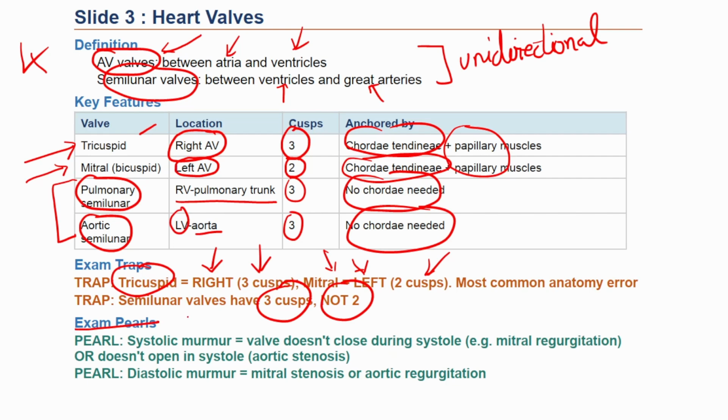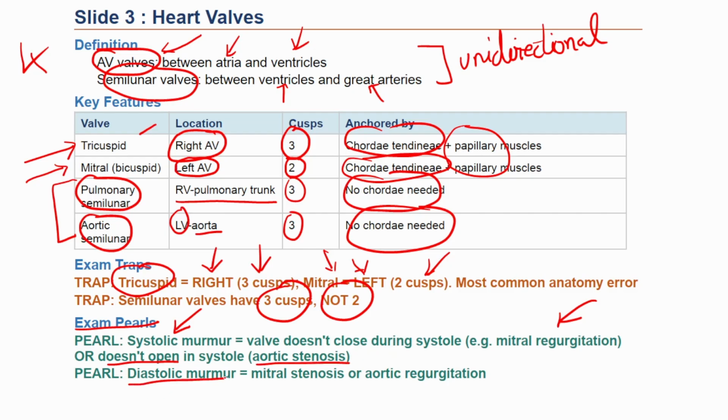Looking at the examples, we first talk about systolic murmur. A systolic murmur occurs during ventricular contraction. This happens either because an AV valve fails to seal tightly when it should be completely closed, which leads to mitral regurgitation, or because a semilunar valve fails to open fully when blood is trying to escape, resulting in aortic stenosis.